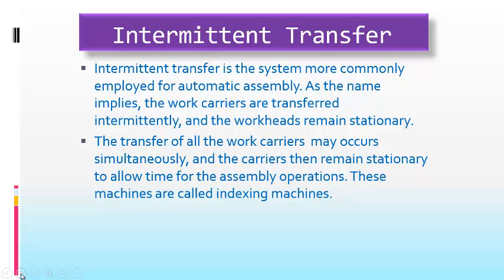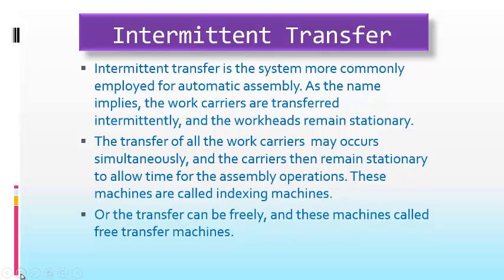All the pallets move, then they pause, the assembly head works, then they move again, and so on. All of them move at the same time, and this is called indexing machines. And always these indexing machines are circular machines.